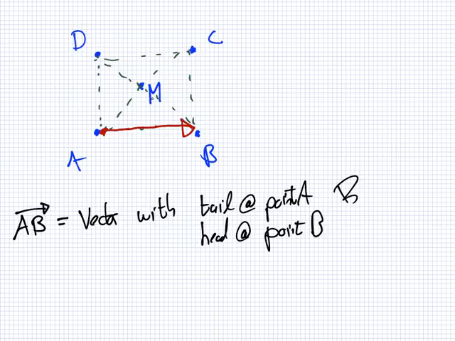So actually you don't have to draw it, because it's clear what you mean when you say AB. It means this vector here.